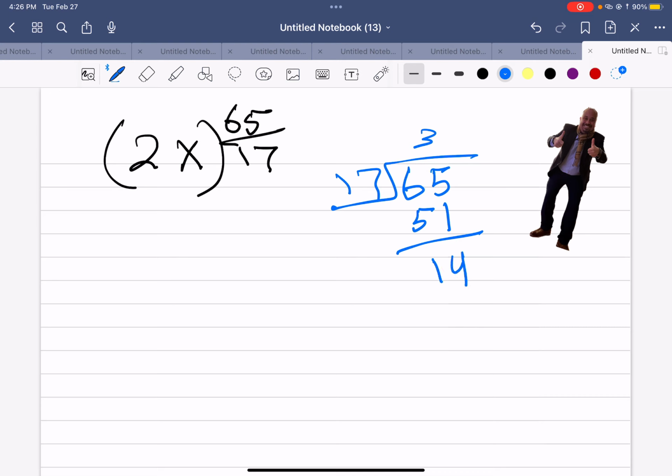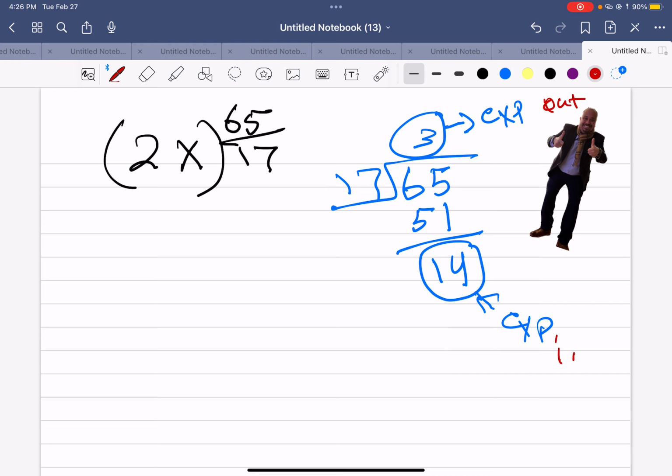The remainder is 14. So this is an exponent, and this is also an exponent. What's different is this one is outside the radical, and this one is inside the radical. So the answer is going to be 2x outside the radical to the power of what?